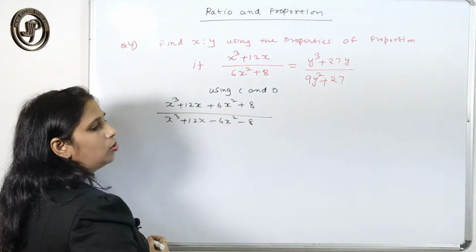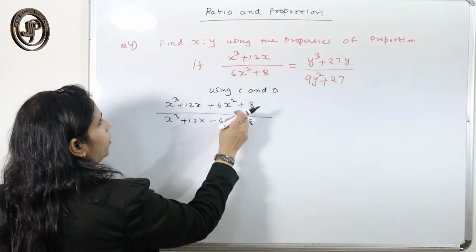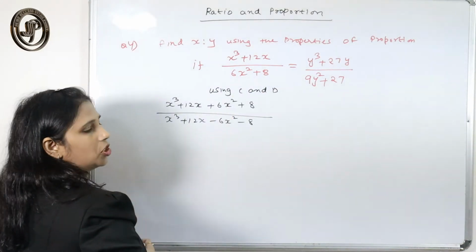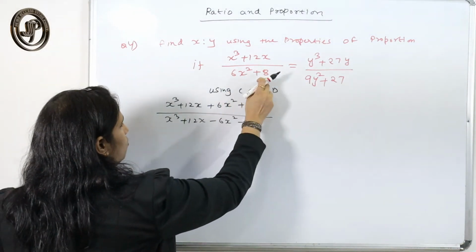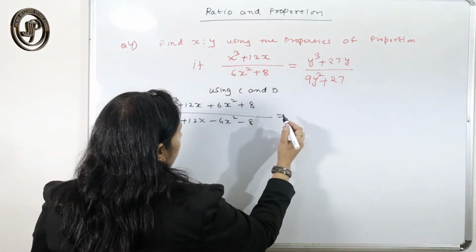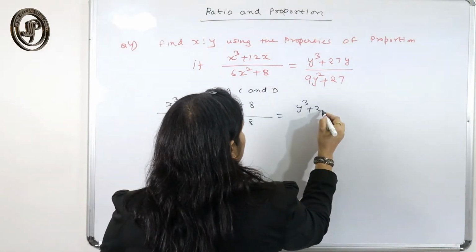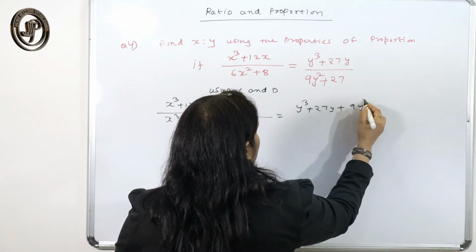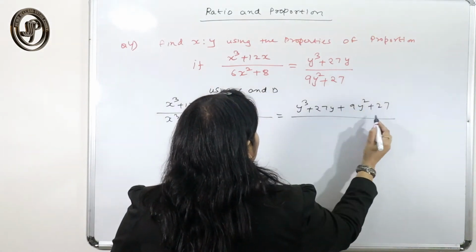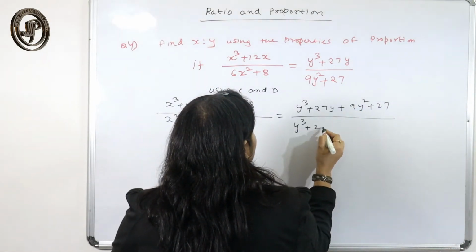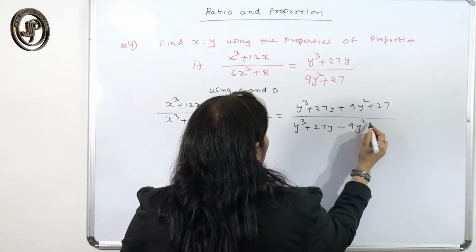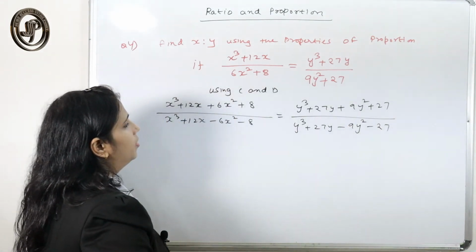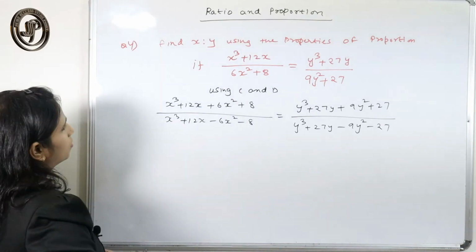When we do numerator minus denominator, the sign will change, both the sign of 6x square and 8. Here also numerator plus denominator, numerator minus denominator, right?